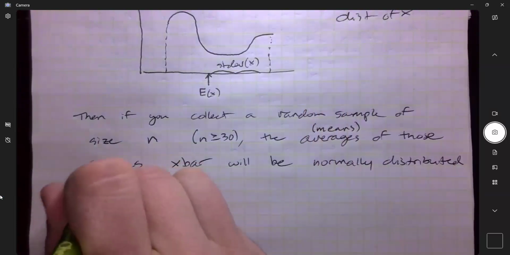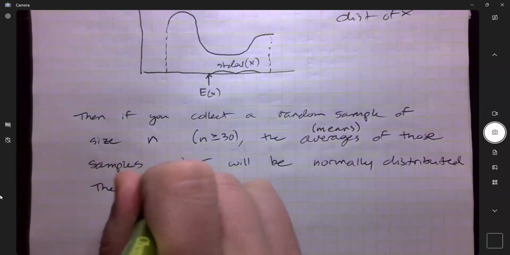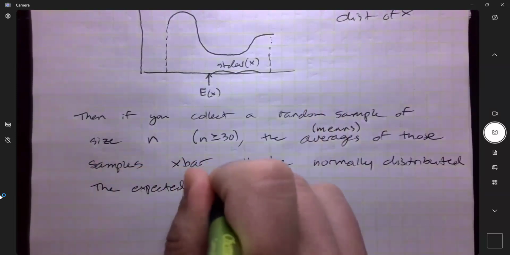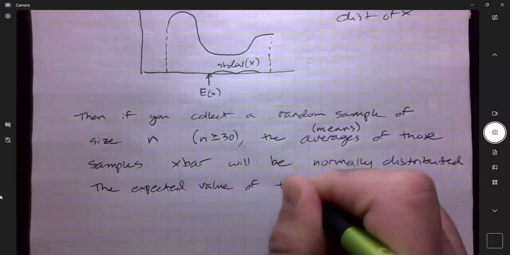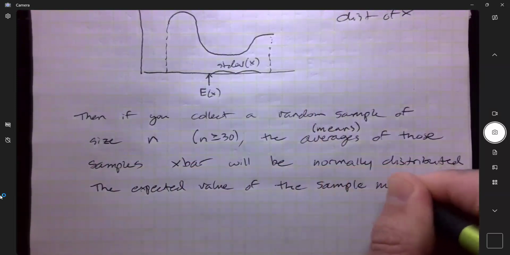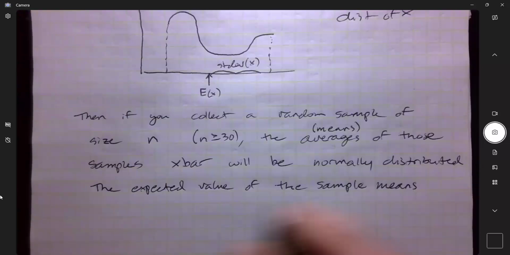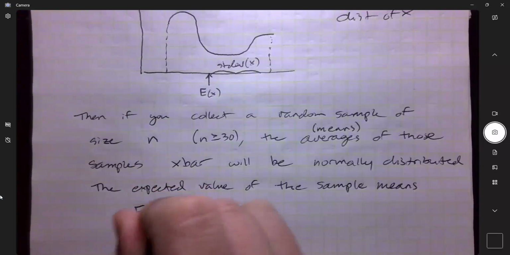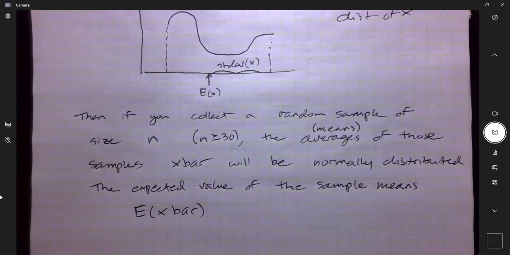We also know the expected value of the sample means, not of an observation, but of the sample means. Where do we think those sample means will be? We write that as expected value of X bar.